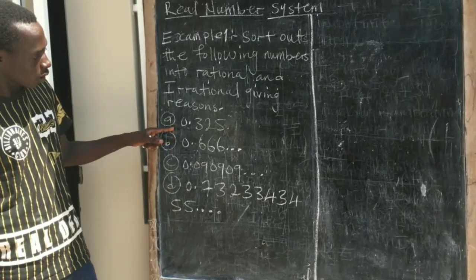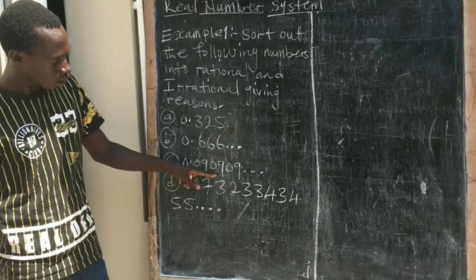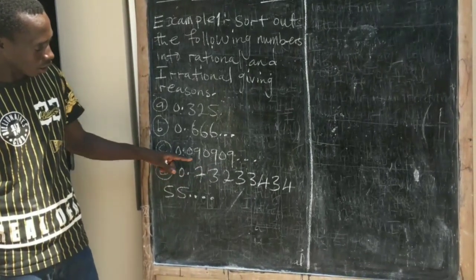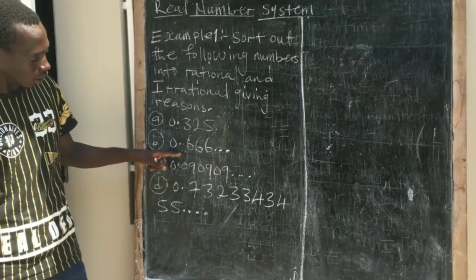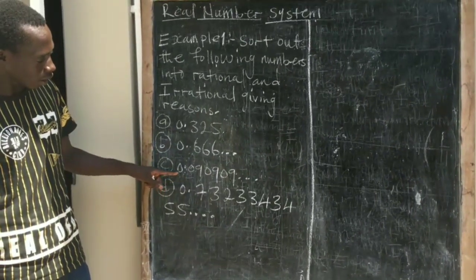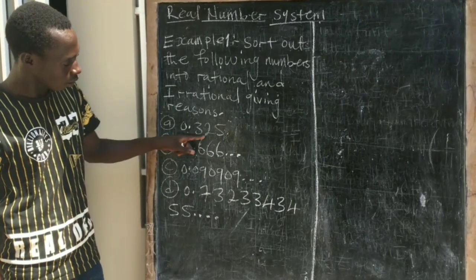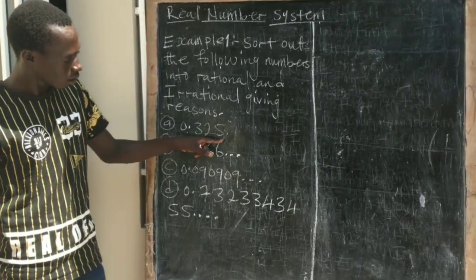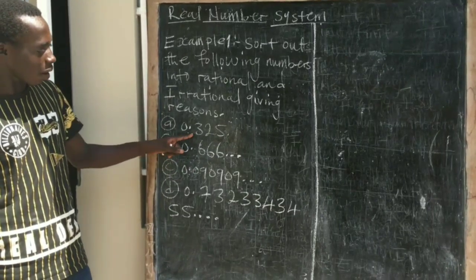So if you look at C also, you have non-terminating and recurring decimal. And A is a rational number because it is not recurring, but it is a terminating decimal.